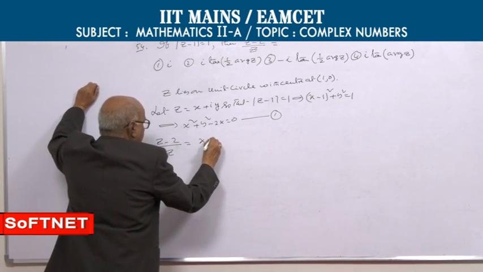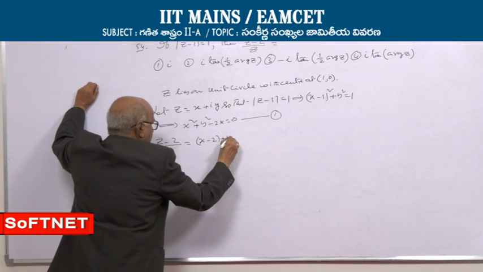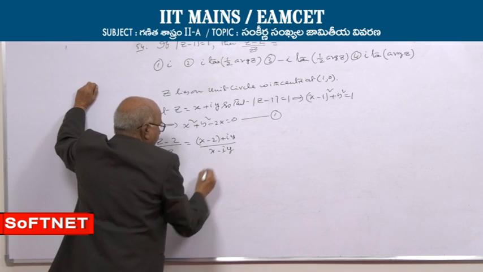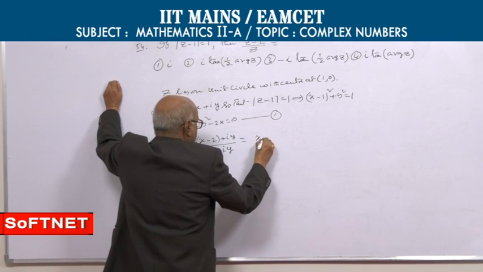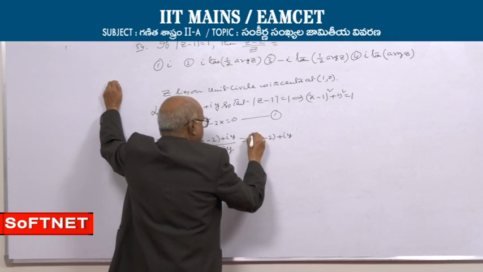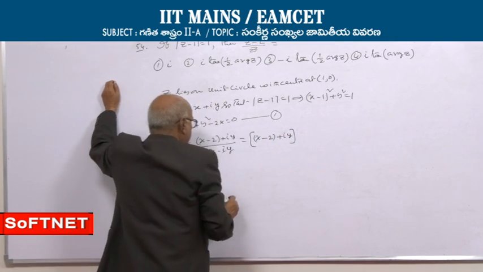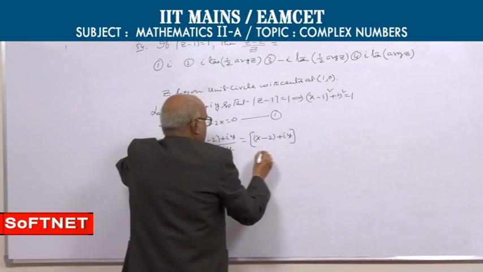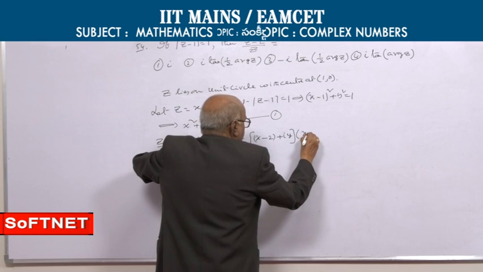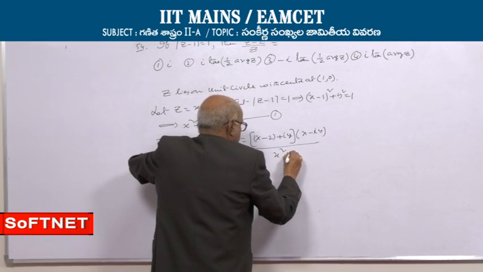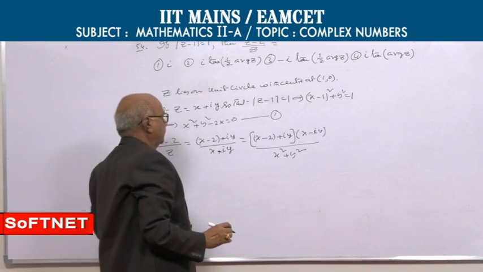Now we take (Z minus 2) by Z. So that is (x minus 2 plus iy) by (x minus iy). And this you can write as (x minus 2 plus iy) into (x plus iy) by (x square plus y square).